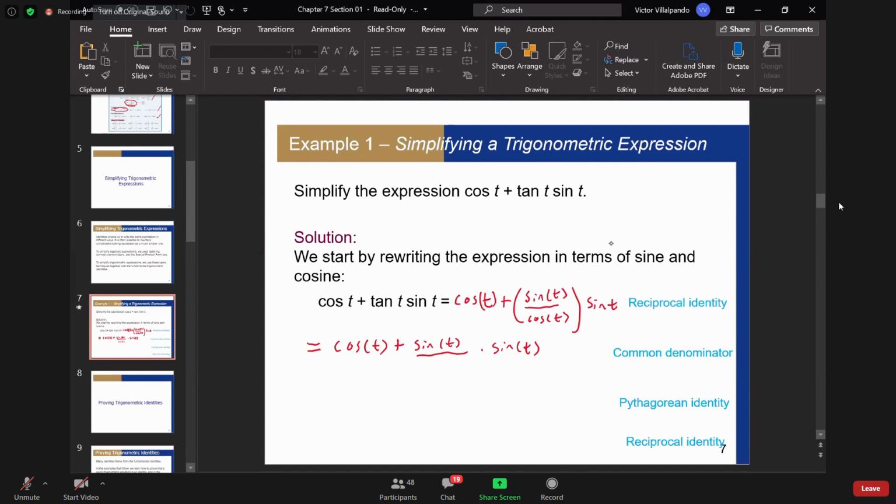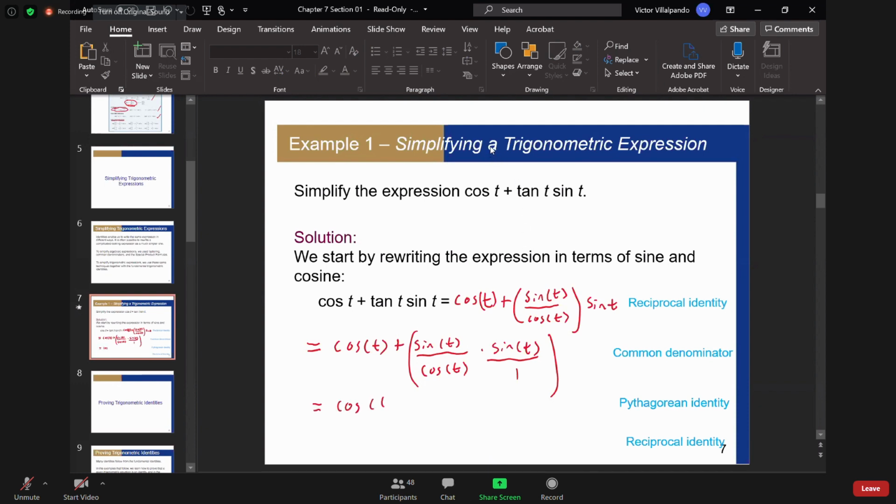Before we do that, let's go ahead and multiply this fraction. Can we multiply it? Would sine times sine be sine squared? Wouldn't it?